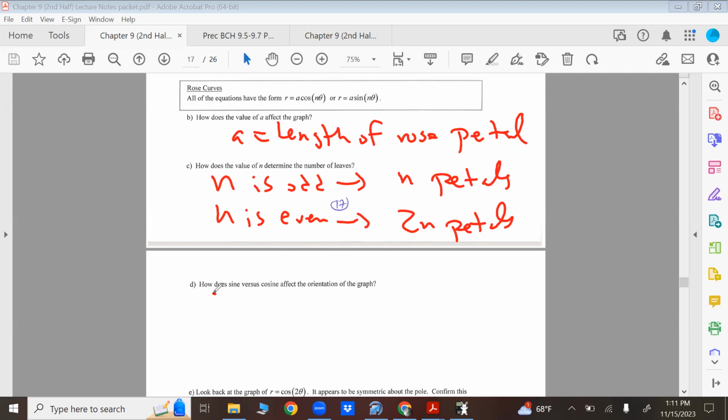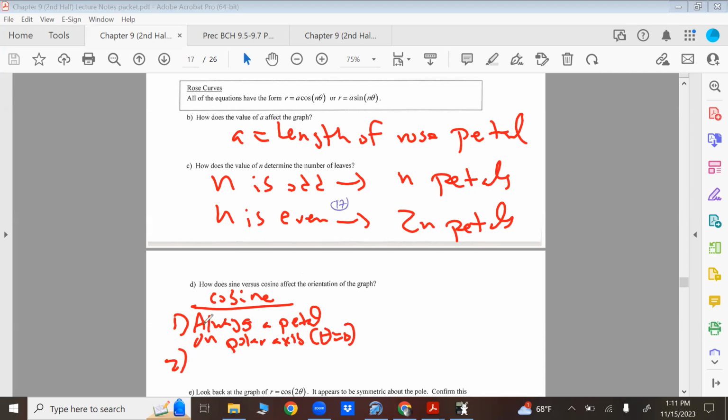For cosine, always a petal on the polar axis. Remember, the polar axis is theta equals 0. And always symmetric about theta equals 0, or about the polar axis.